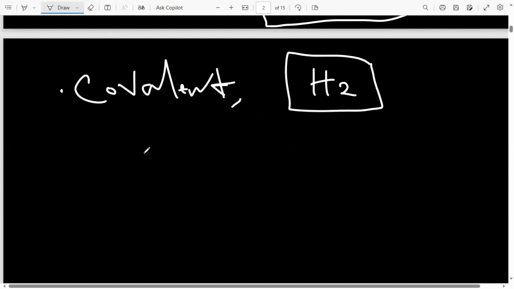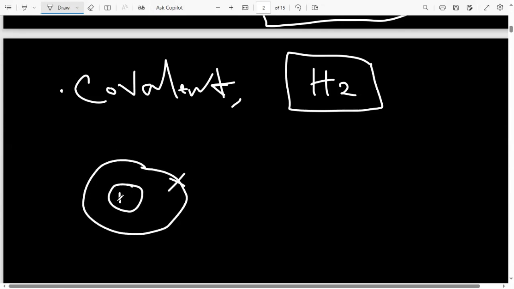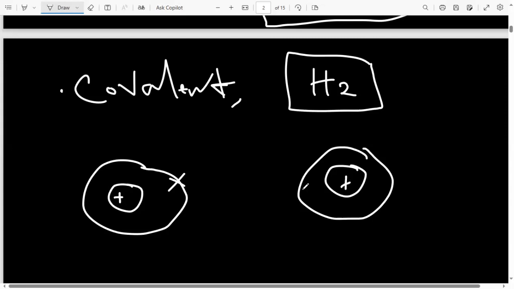If I draw the atom of hydrogen here, it will just have one electron and one proton. Another hydrogen atom will still have one proton and one electron. We know from the periodic table that all atoms try to obtain a stable state of the electrons.